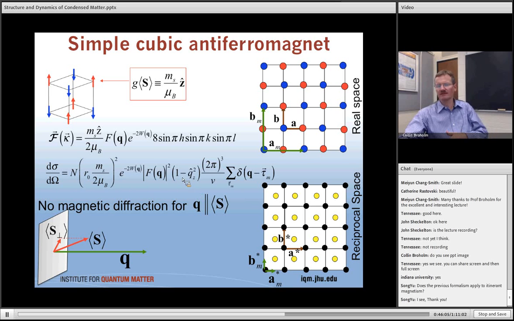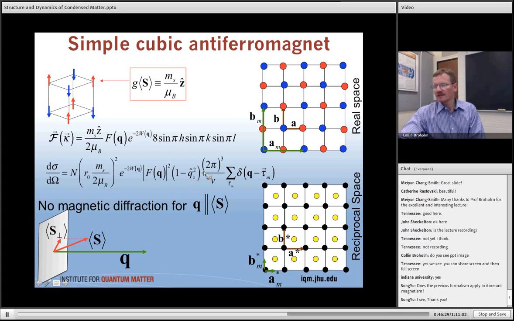And you could say, well, that's not so good, but it's actually good because it allows you experimentally to determine the direction of the spins in such an antiferromagnetic structure or a ferromagnetic structure. Because when I find a direction where all of the magnetic scattering goes away, then I've found the direction of the ordered moment in that structure.